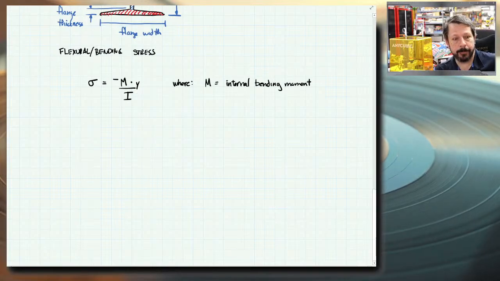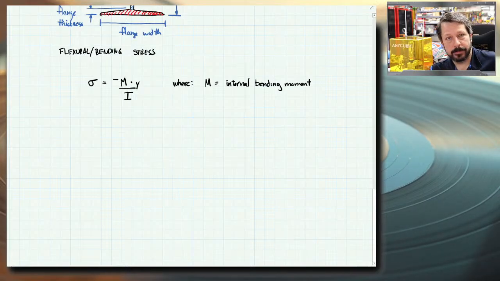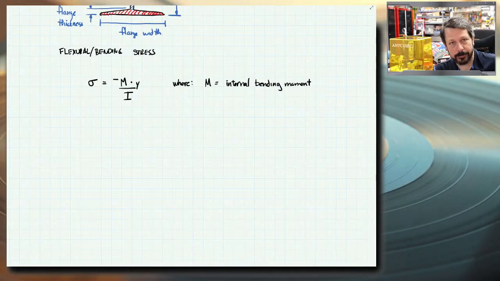It's going to be the same idea as when we found the internal force, the internal normal force or axial force. We're going to draw a free body diagram, cut a beam open, draw a free body diagram, and figure out the bending moment. But it is a moment. It's not an axial force.